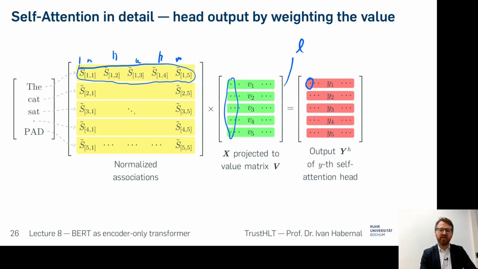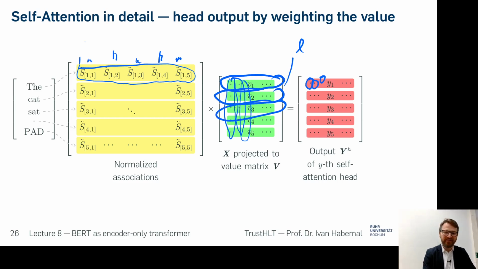So what is it saying? It's basically weighting each vector. Then it takes the second value, the third value. We are basically weighting the other vectors and summing them up.